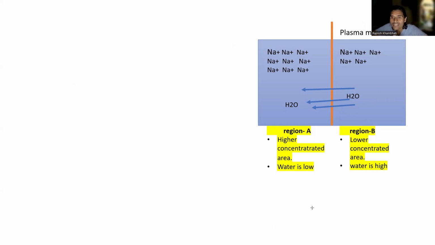Because Na plus simply cannot cross the membrane. If they could cross the membrane, Na plus would have crossed it and shown diffusion.